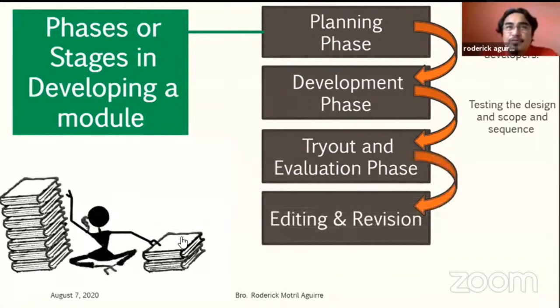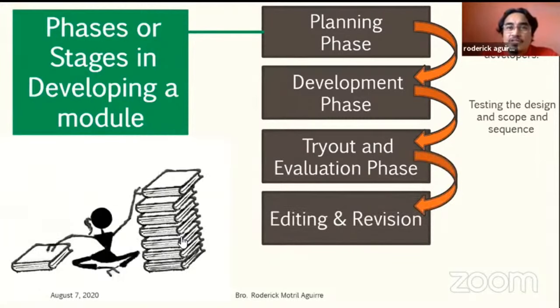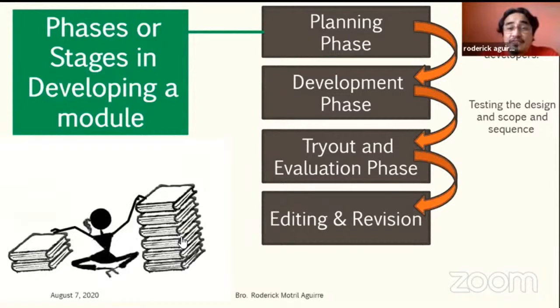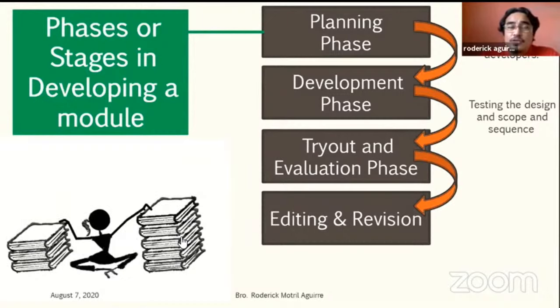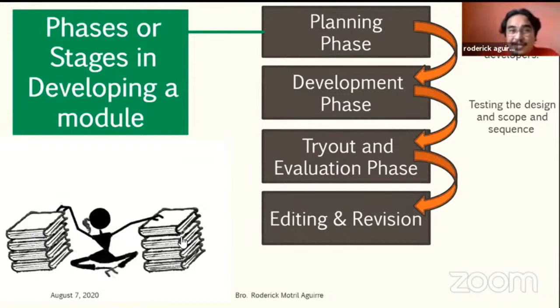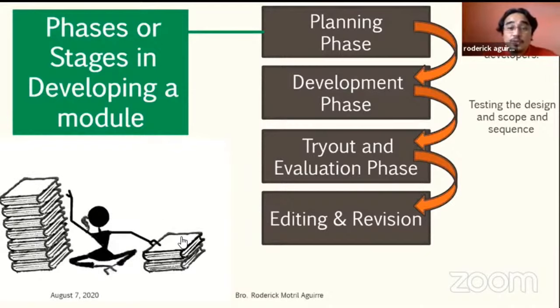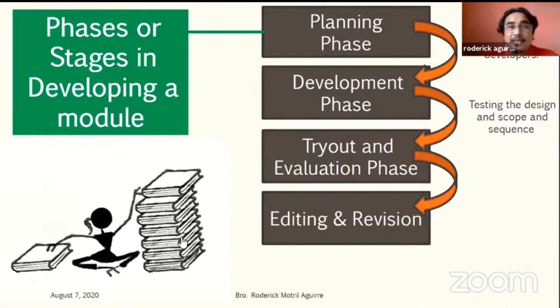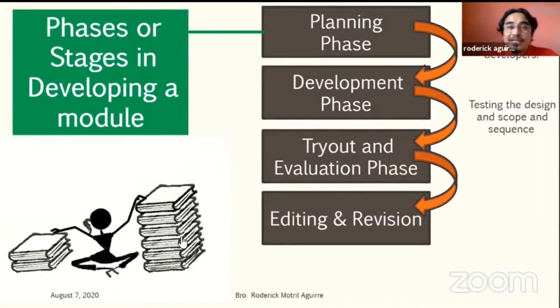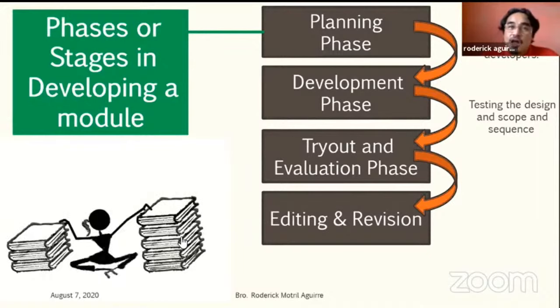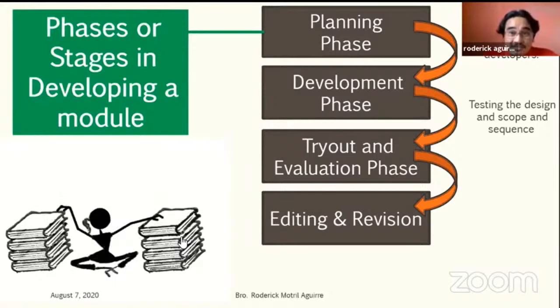What will happen po for the first quarter of this school year will be tryout and evaluation phase. Which part of the module works and doesn't work? Okay, what do we do? The delivery is not effective. What do we do? So it becomes tryout. So dapat meron po tayong open line to listen to the comments of the receivers of the material.